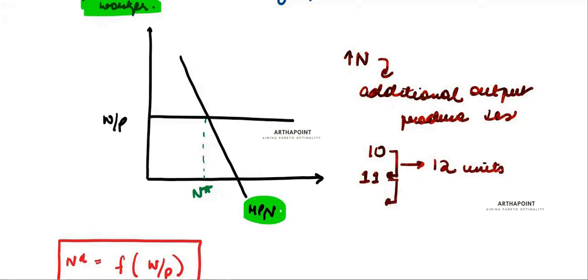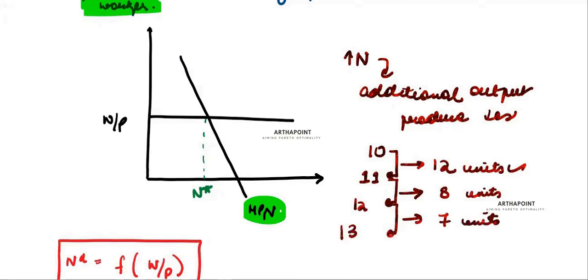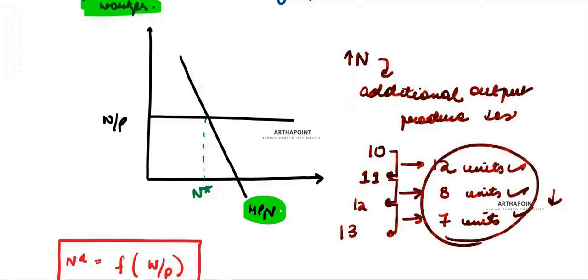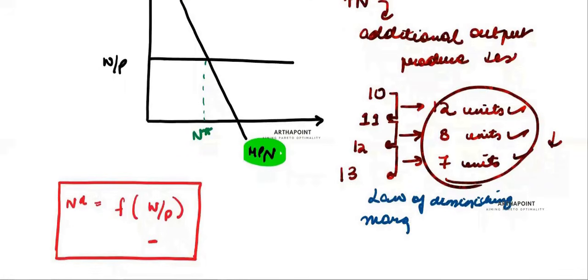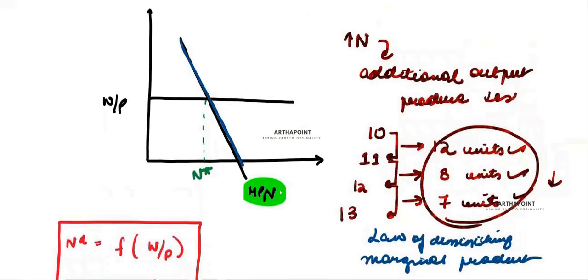When I take my labor from 11 to 12 units, he will only contribute 8 units more. When I take my labor from 12 to 13 units, he will only contribute 7 more units. So the additional units that they contribute will keep decreasing. There is a reason behind it, and it is called the law of diminishing marginal product. We know about this, right? So that is why marginal product of labor is downward sloping.